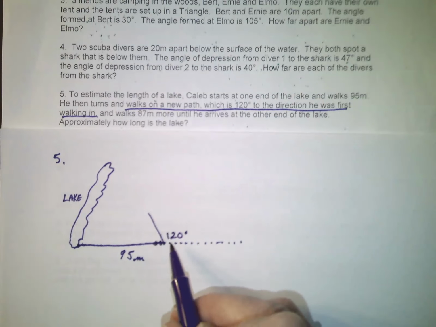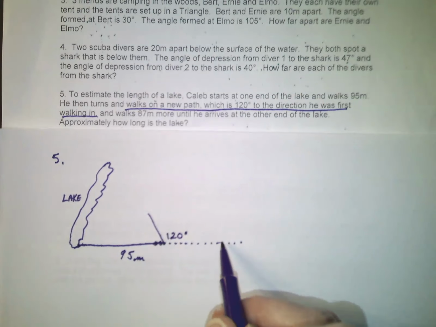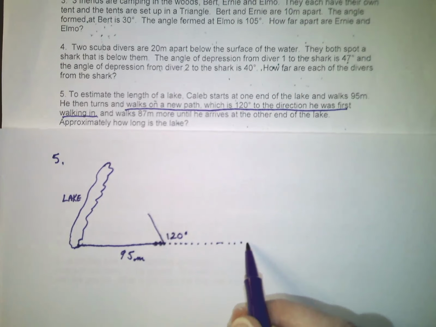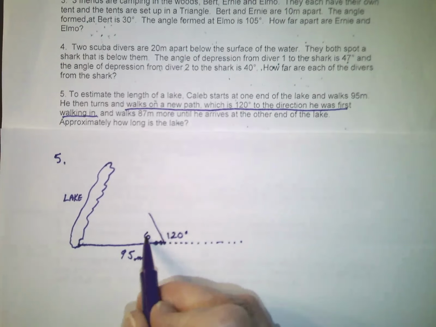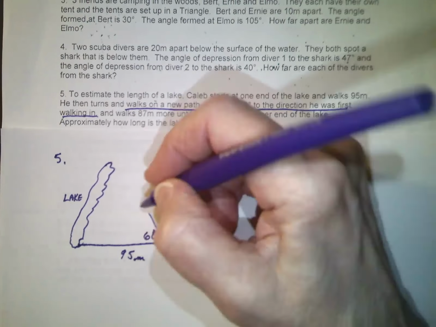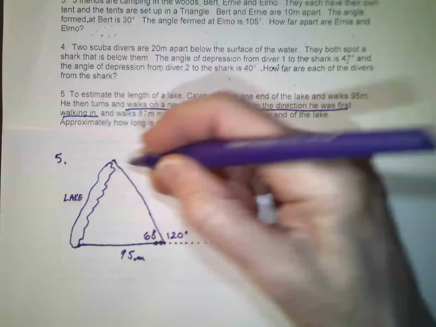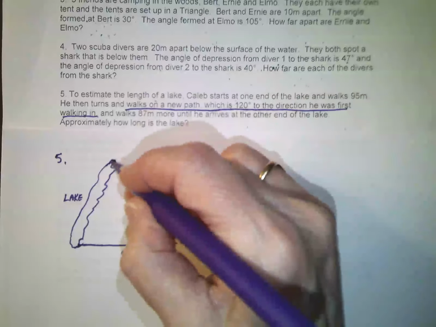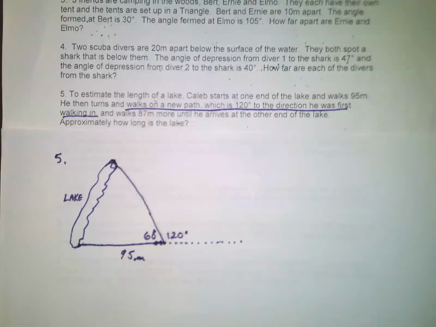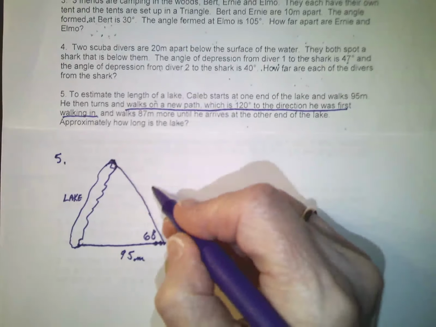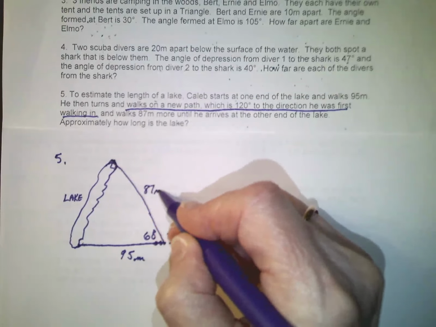He made a 120-degree turn from the original path. So that makes this a 60-degree angle back to the other end of the lake. And I'm just going to make the lake flood a little there. Pretend this is a straight line, please. And he did that for 87 meters.